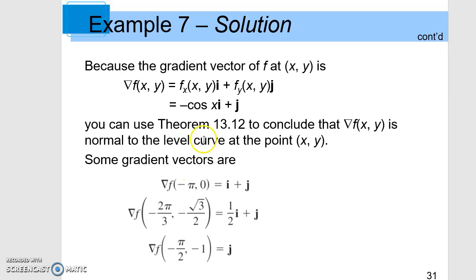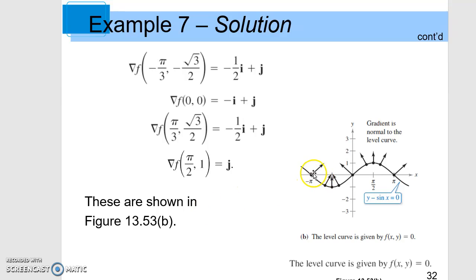You substitute minus pi for x, and there's nothing to substitute for y. The answer will be minus of minus 1, which is 1, and j is always 1. So the normal to this curve y equals sine x will be (1, 1) at (-pi, 0), as seen here. So if we go (1, 1), it will be normal to the tangent line.